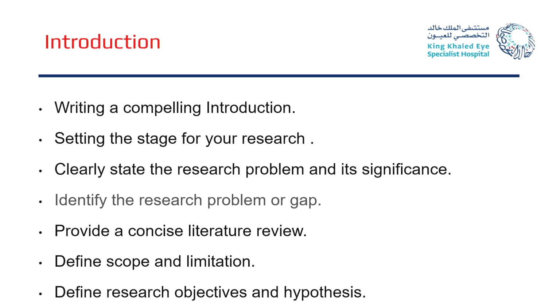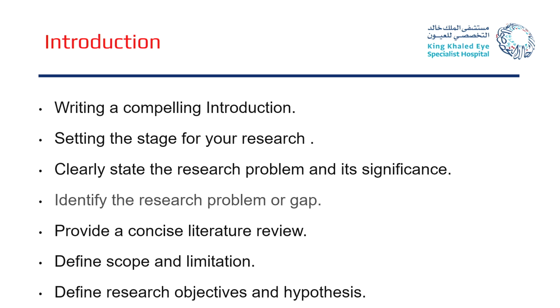Okay, setting the stage for your research, state what you are doing. After you mention the background, you mention briefly the research problems, and then you clearly state why you are doing this research and what you are going to do in this paper.